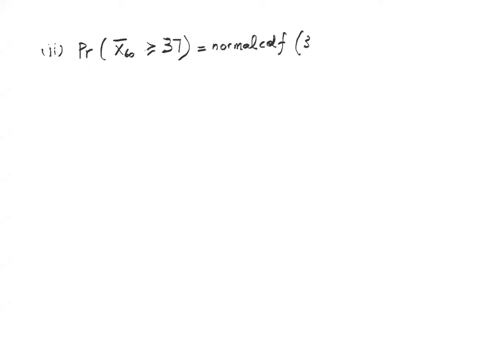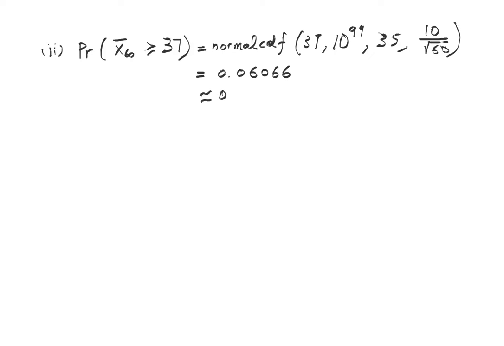Lower is 37, highest is 10 to the power 99, mean is 35, standard deviation still the same, 10 over square root of 60. 0.06066, so it's approximately 0.0607. Am I right, Hao Shen? Yes, you're right.